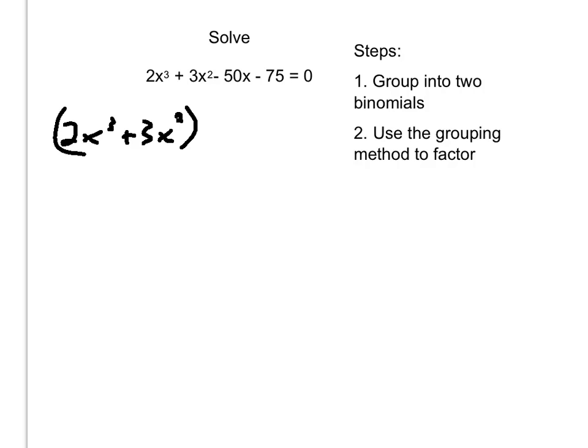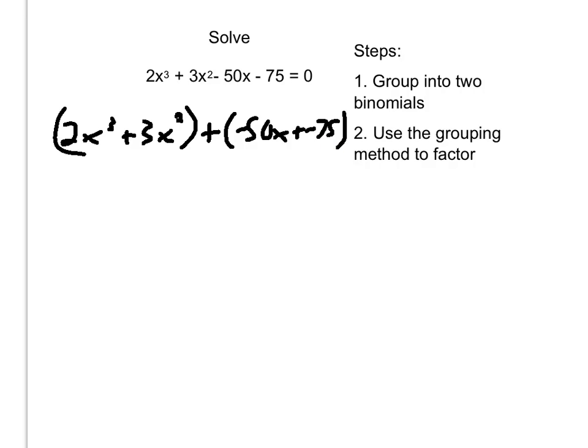And then we're going to have plus negative 50x plus negative 75, and we're going to have that as another binomial. We just changed this to plus negative 50x, this to plus negative 75, and made it a binomial. Now we're going to factor this one and factor this one separately.